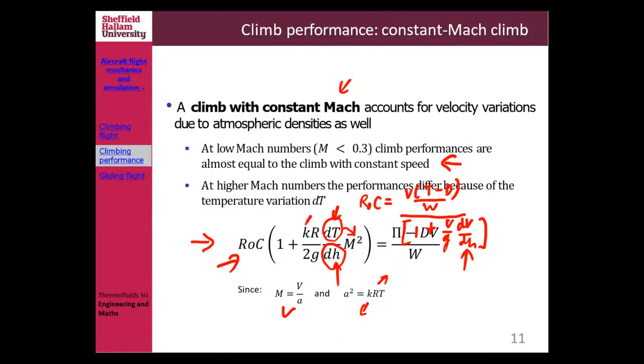And of course there's a constant here, the ratio of specific heats, which is 1.4. In some thermodynamics literature it is also denoted gamma. So for air it is 1.4.